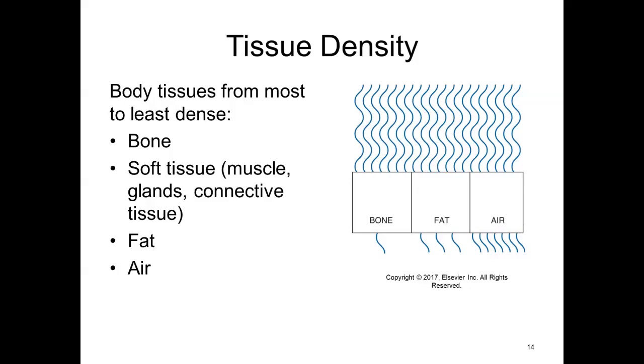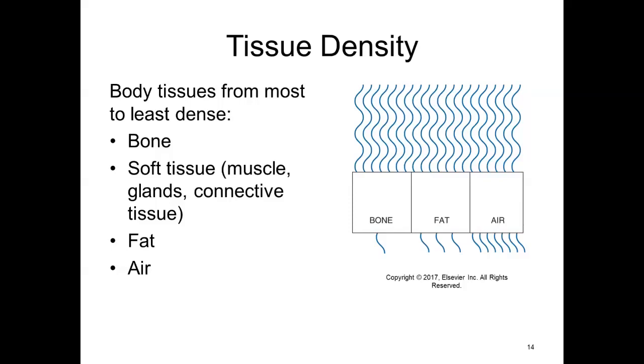So tissue density. And your book has a good example of this in terms of how fat is less dense than muscle. It talks about how when you take your KUB and you can see the subtle outline of the kidneys in the abdomen, what you're actually seeing is the fat capsule around the kidney that makes them stand out compared to the abdominal muscles.